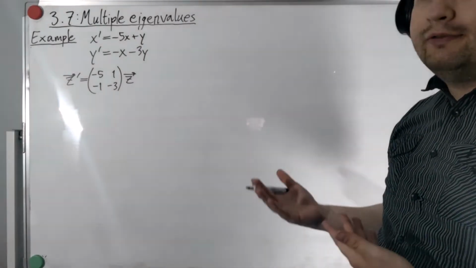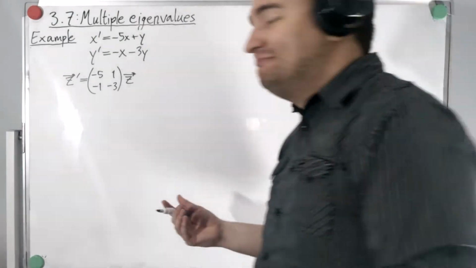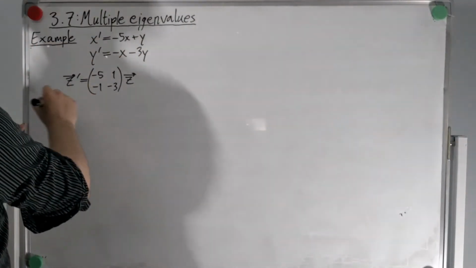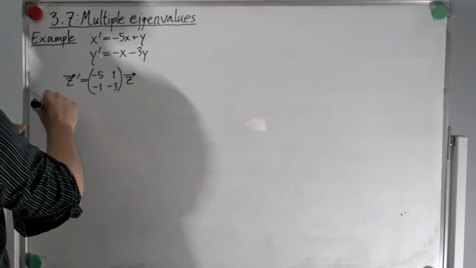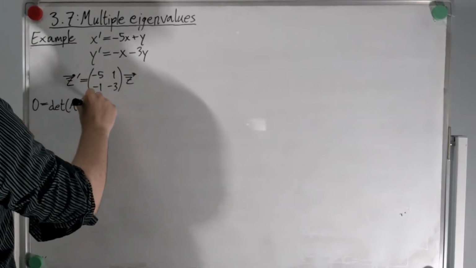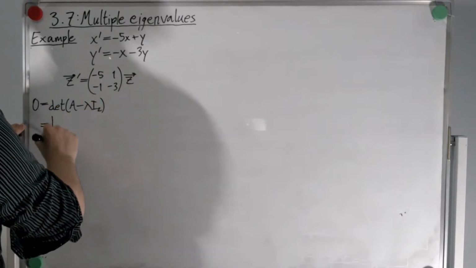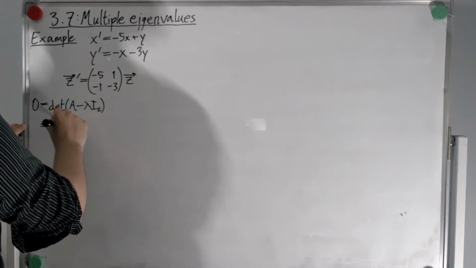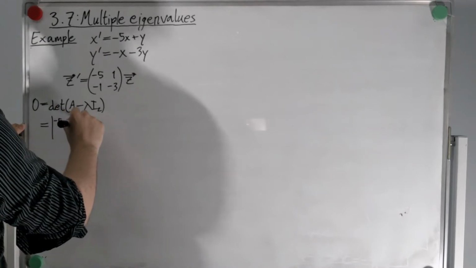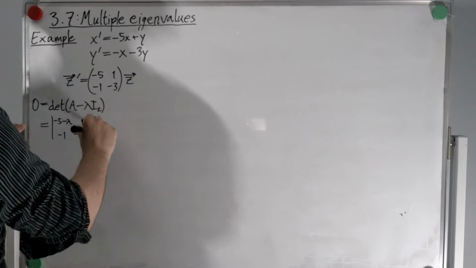Now we need to find the eigenvalues of that matrix, which again I'm going to call A. 0 needs to be the determinant of A minus lambda I2, which in this case is going to be the determinant of negative 5 minus lambda, 1, negative 1, negative 3 minus lambda.